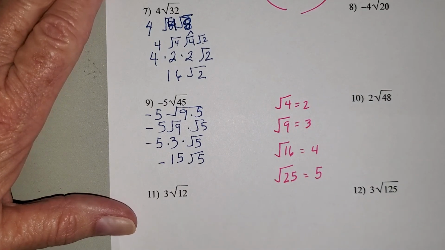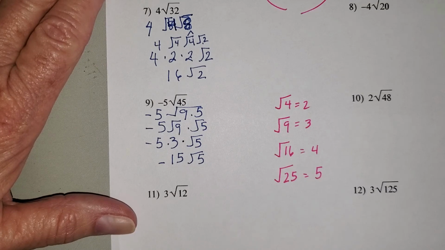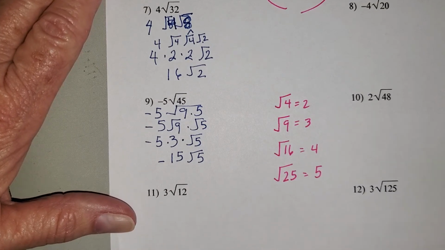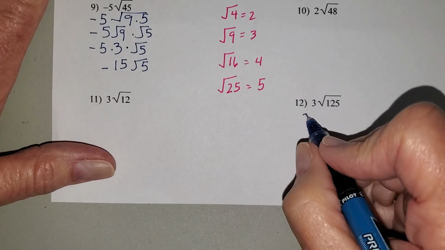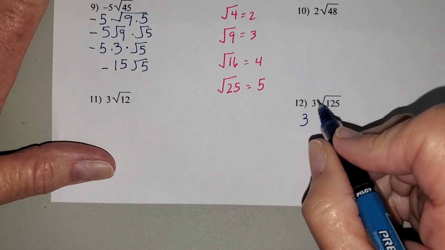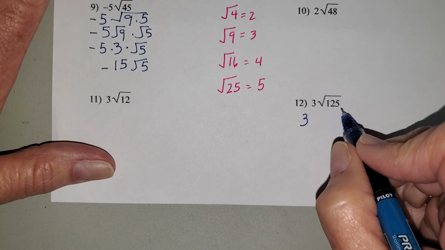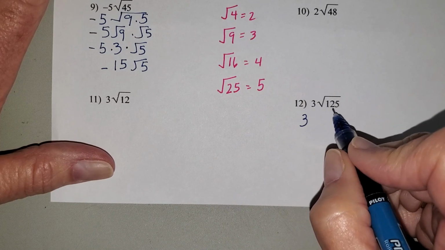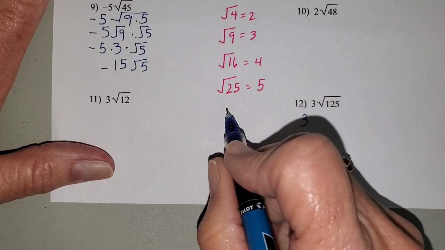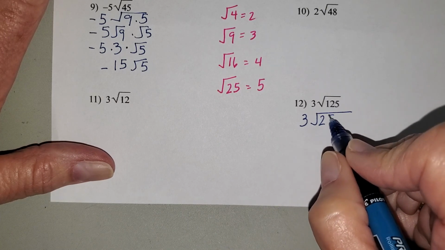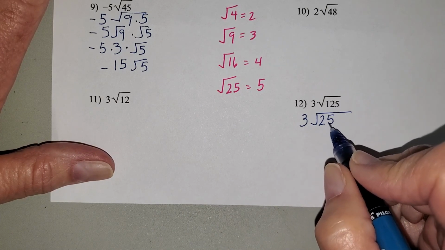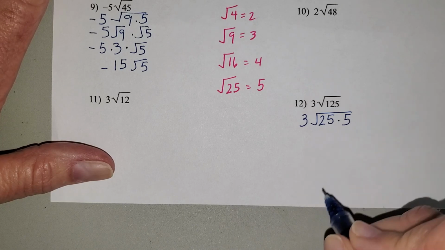Okay? Let's look at number 12 here. Okay, we have a 3 out in front. 25. Square root of 125. 25 is a factor of that. So we're going to rename this as 25, square root of 125, as 25 times 5.